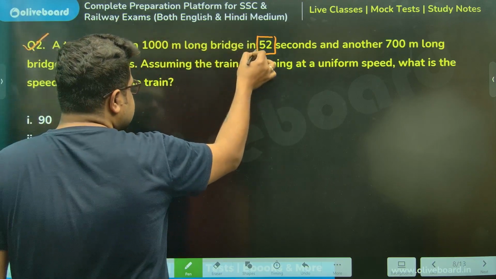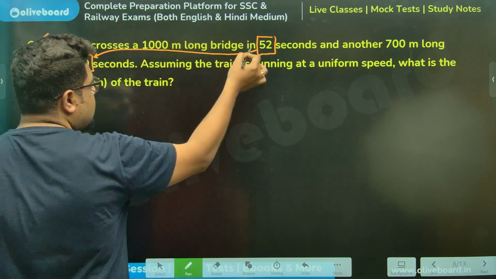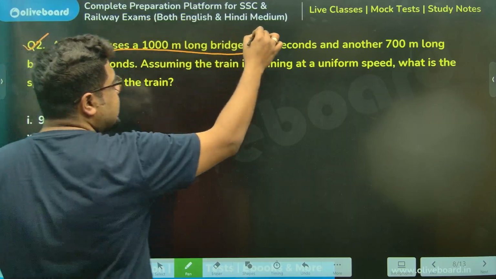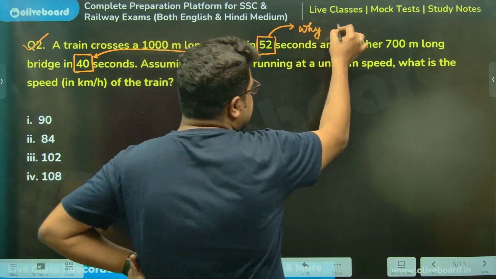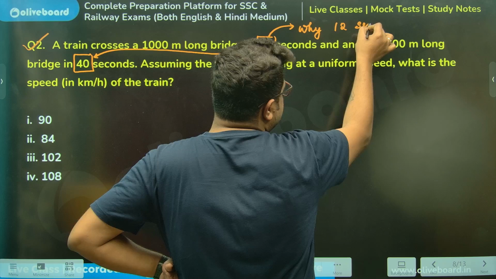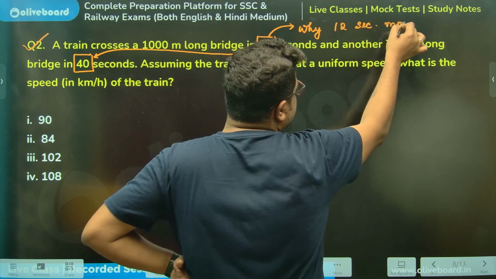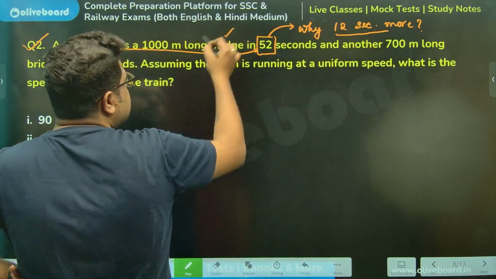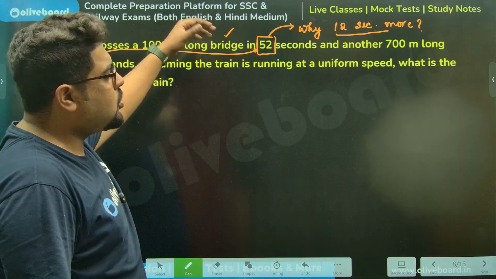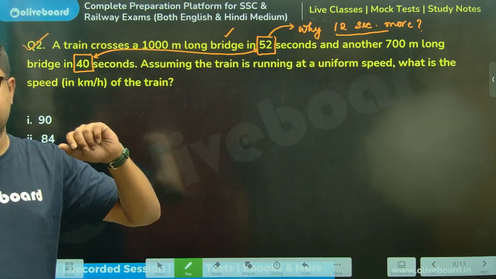Ask yourself this question: why here is it 12 seconds more? Because this is a bridge, meaning the train needs to cross its own length plus the length of the bridge.